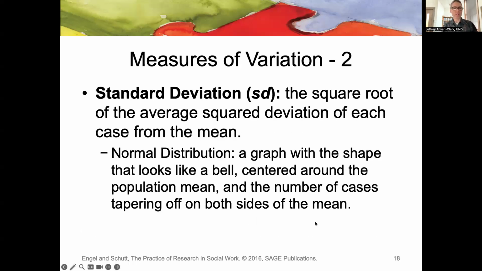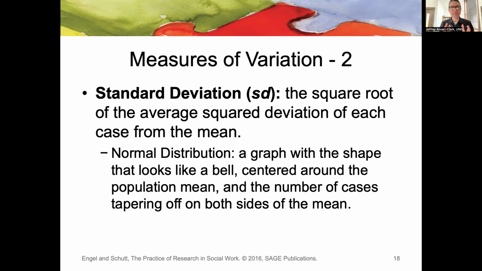And I mentioned earlier the standard deviation. This is part of the way in which we measure how wide the distribution is, and the variance within it. I mentioned earlier that when we've got a normal distribution, it should look like a bell graph, centered around the mean, which is the average person.